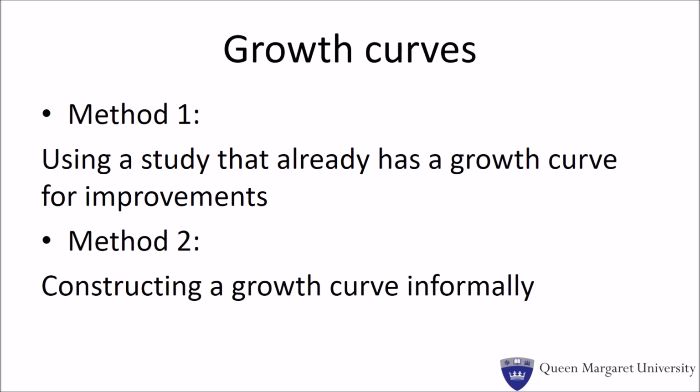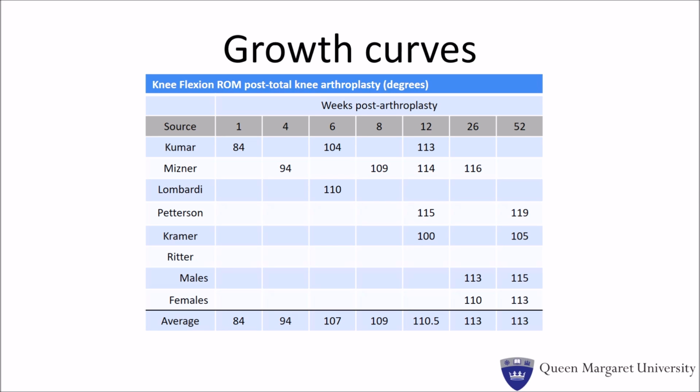Then what we can do is accumulate them and get a rough idea by averaging out all these studies for their different reassessment times, for us to plot out our own growth curve. Within Stratford and Riddle's book itself, they have outlined a simple method of doing that.